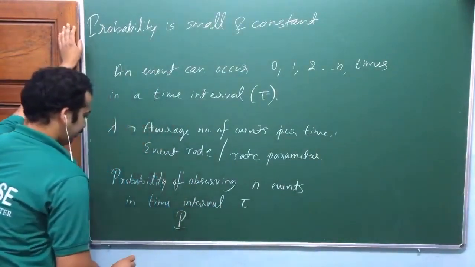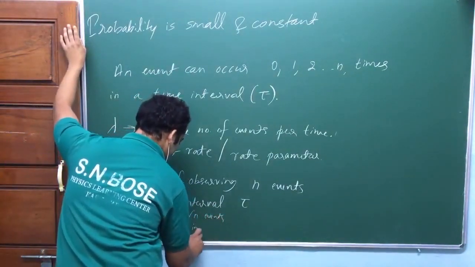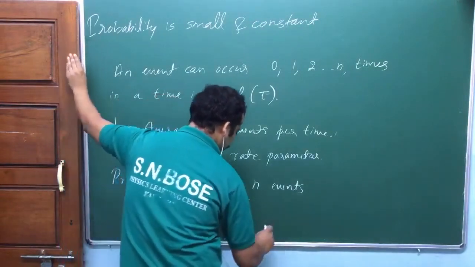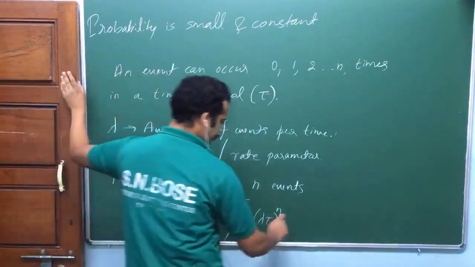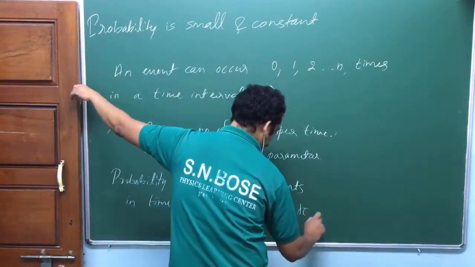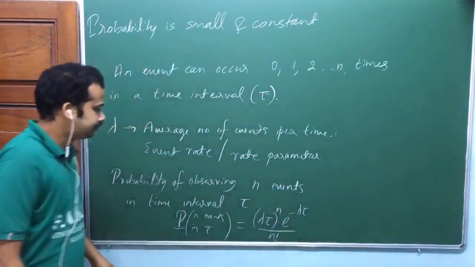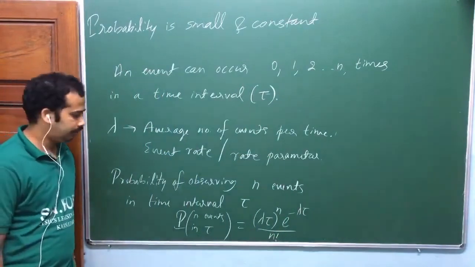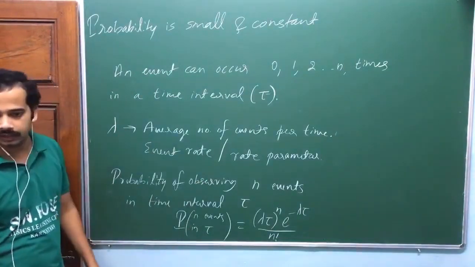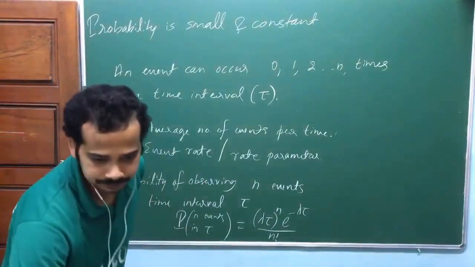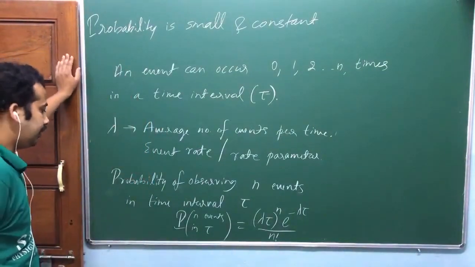P of n events in time interval tau is equal to lambda into tau whole power n, e power minus lambda into tau, divided by n factorial. We can derive that, or we can start with binomial distribution and end up with this one actually. Probability of observing n events in the time interval tau.